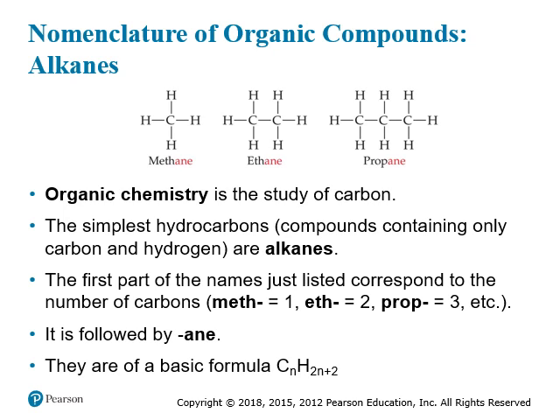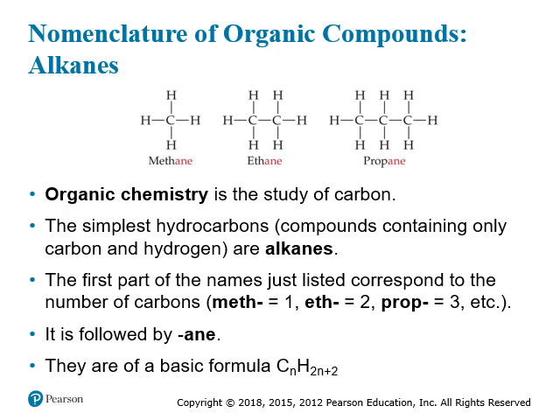Well, the naming comes from two parts. The first part indicates the number of carbons that are present. One carbon would have a prefix of meth, M-E-T-H. Two carbons would be eth, E-T-H. Three carbons would be prop, and so forth and so on.